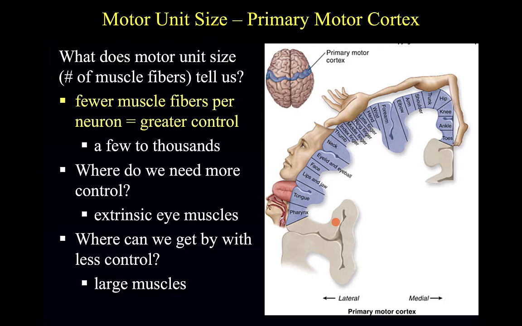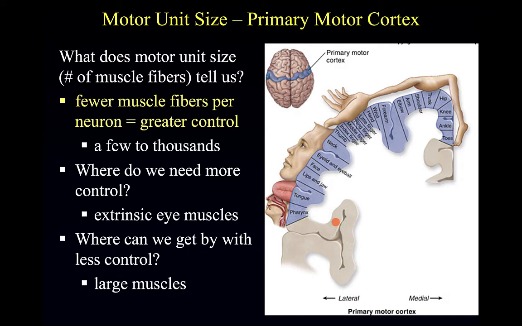And it tells us something really important. The fewer muscle fibers per neuron, the greater control we're going to have, because we can just use a few muscle fibers, or if we need to, we can use more than one motor unit to use lots of muscle fibers, but we have all of those options.